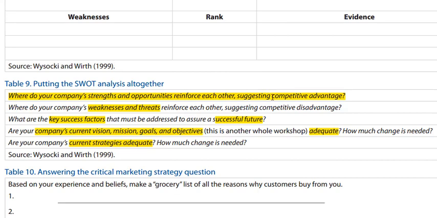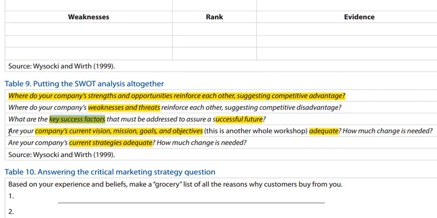The first question was related to the suggestion of competitive advantage. The second question is related to the competitive disadvantage. So whatever your company does lies between competitive advantage and competitive disadvantage. After looking at competitive advantage and disadvantage, we move on to the key success factors that a company must address for a better future in the competition.